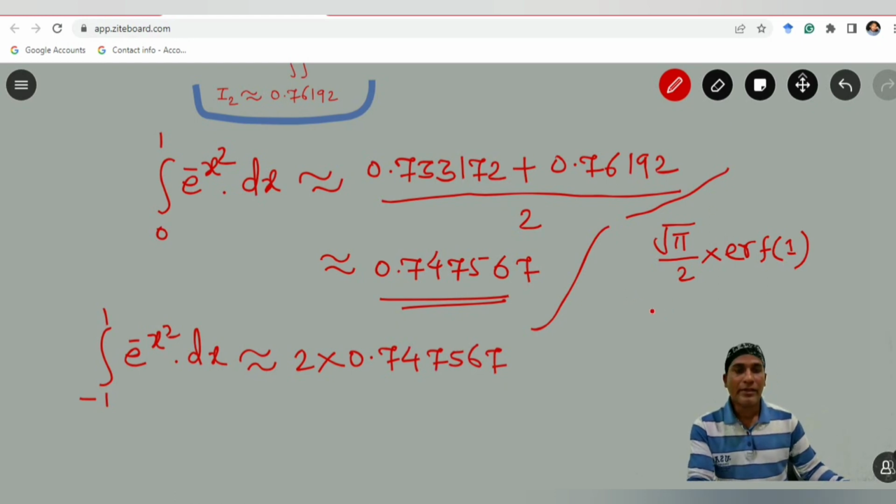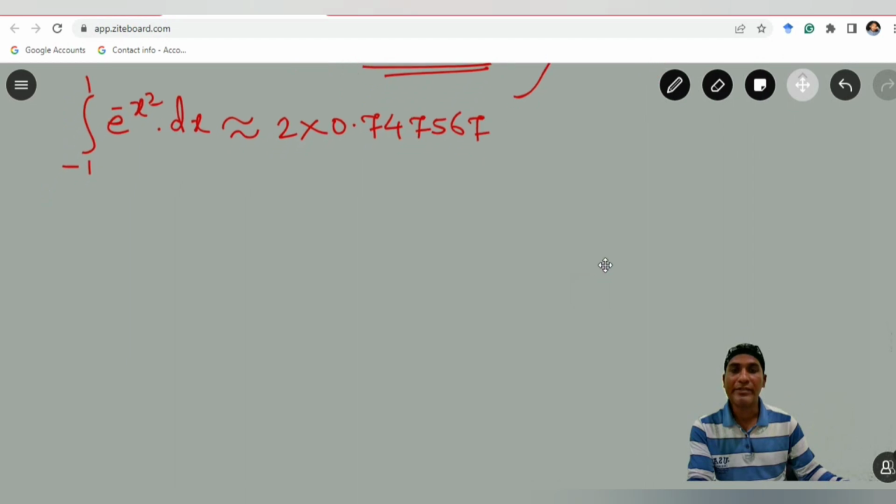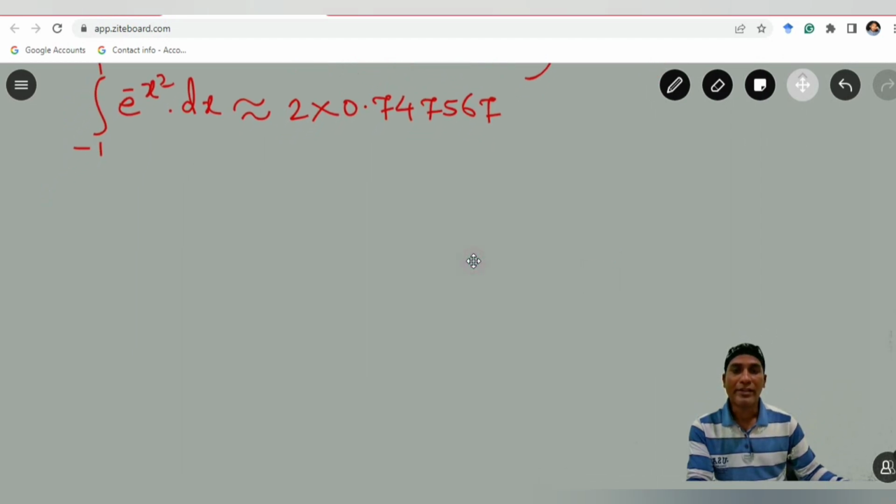Like this, we have approximated both these integrals. Lastly, I would like to bring to your notice that our fourth relation is valid for the values of x between 0 and square root of 3.